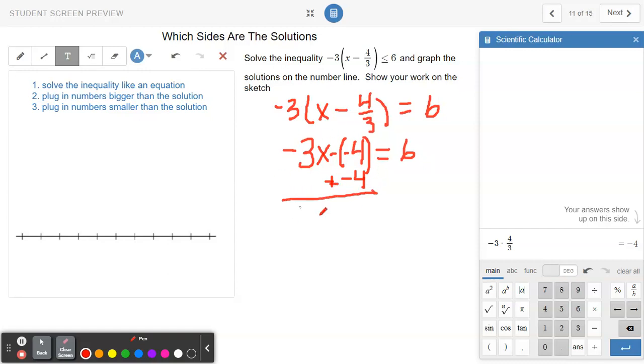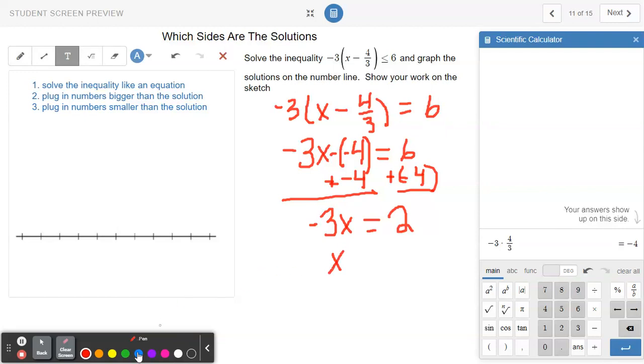Remember, the whole point of adding the -4 is to get rid of subtracting the -4. So we end up with -3x on this side, and then we're adding a -4. Here we're ending up with 6 positives plus 4 negatives, and these 4 negatives cancel 4 positives, leaving us with 2 positives.